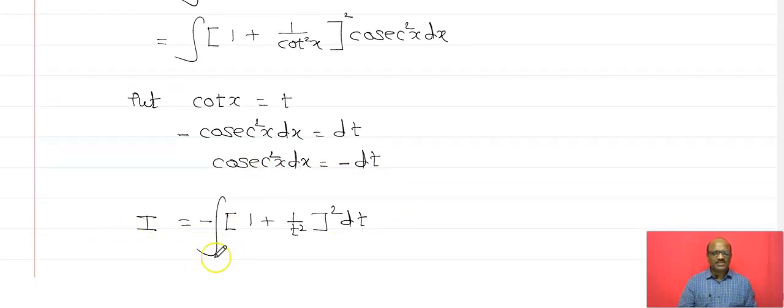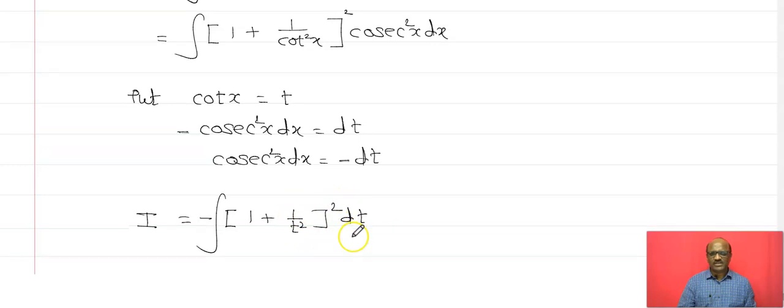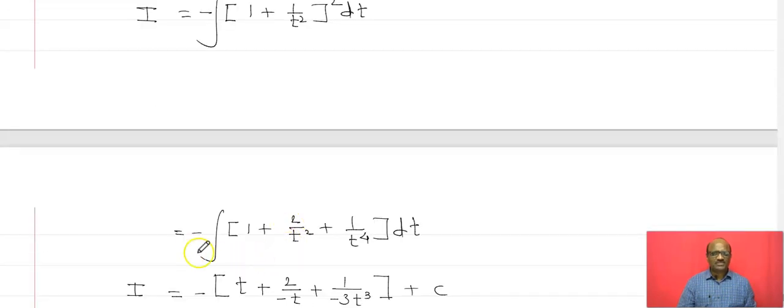Therefore I equals minus integral (1 + 1 upon t^2)^2 dt, and therefore after expansion, minus integral (1 + 2 upon t^2 + 1 upon t^4) dt.